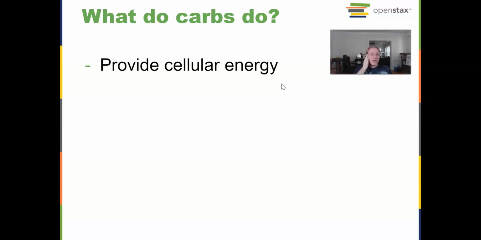But that's neither here nor there. What I want you guys to know is that carbs provide you with cellular energy. Okay? So I want you to know what they're going to look like. It's going to be a ring. It's going to be a ratio of 1 carbon to 1 water. And it provides you with cellular energy.